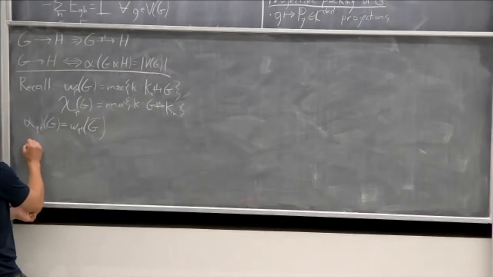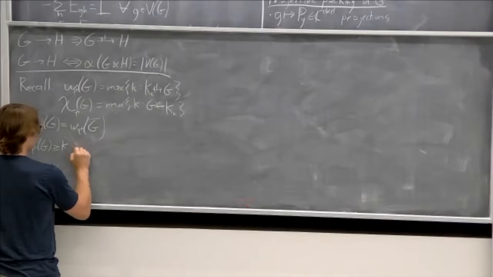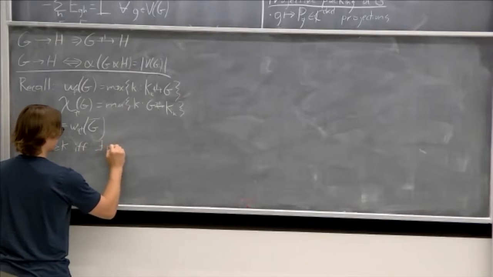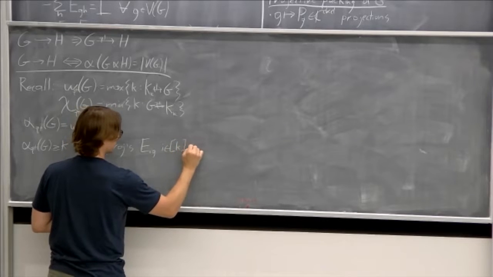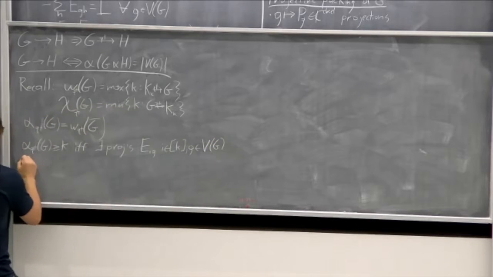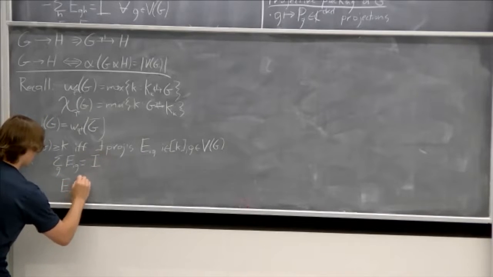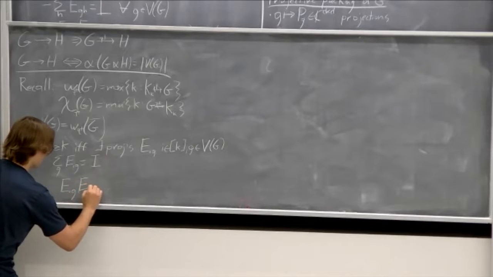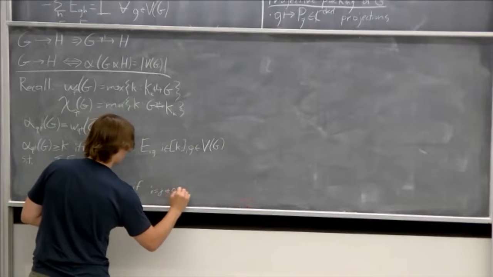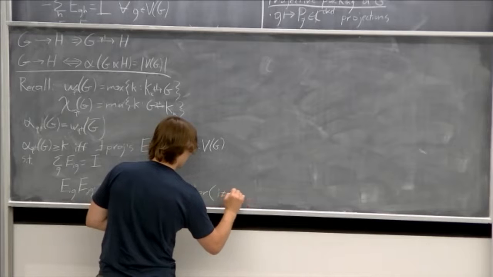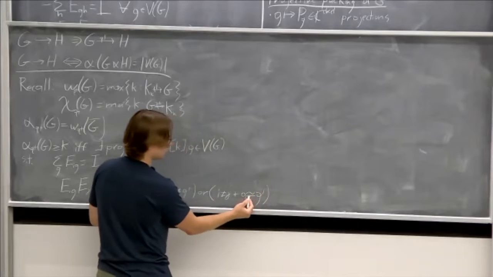I will say that the quantum independence number of G is at least some k if and only if there exist projections E sub i g for i in the set 1 up to k and g in V of G, such that if I sum over g, I get the identity, and E i g times E j g prime is 0 if i is not equal to j and g is either adjacent or equal to g prime. I'll use this to mean adjacent or equal.